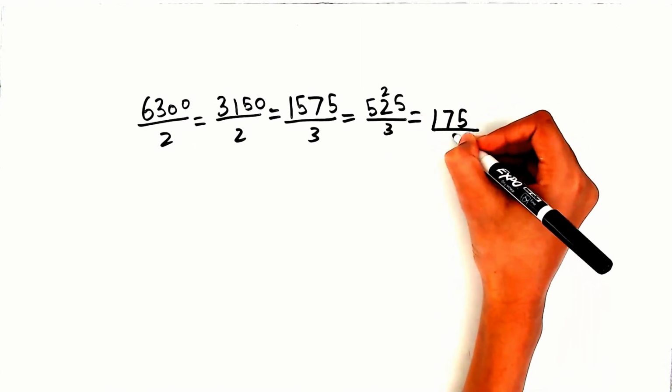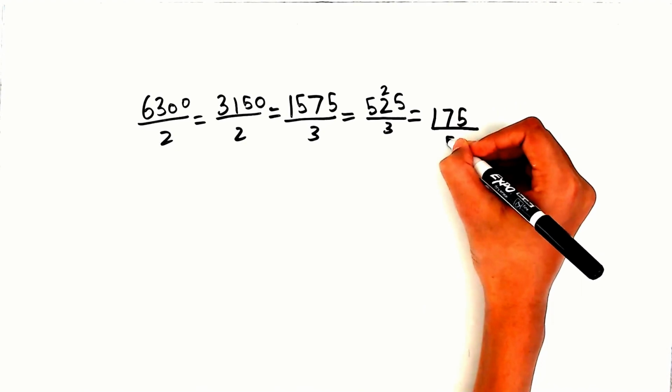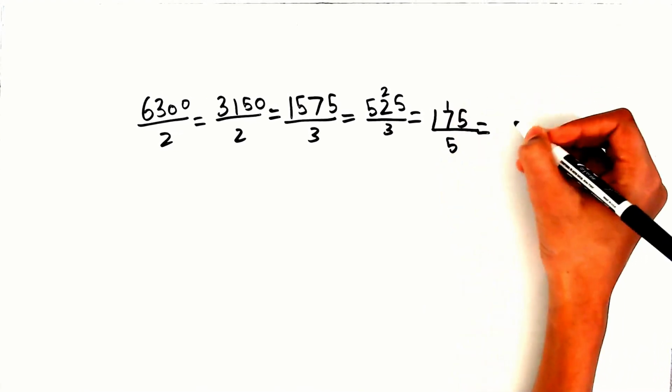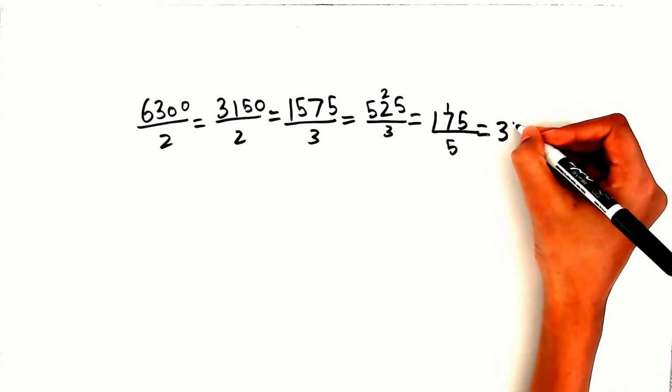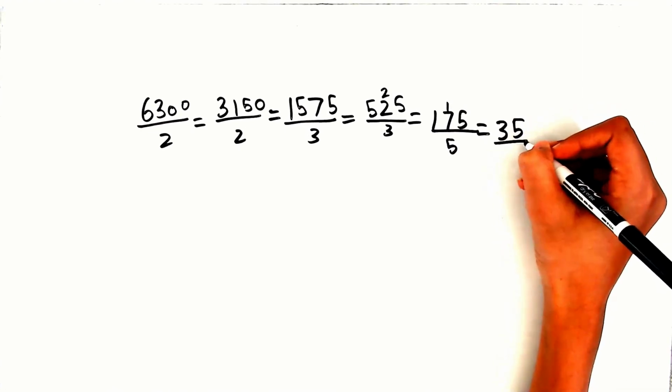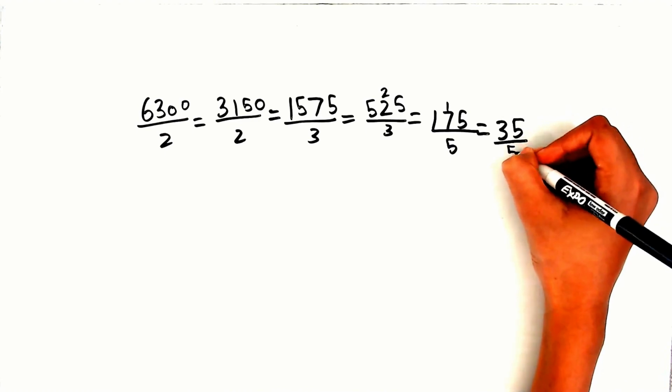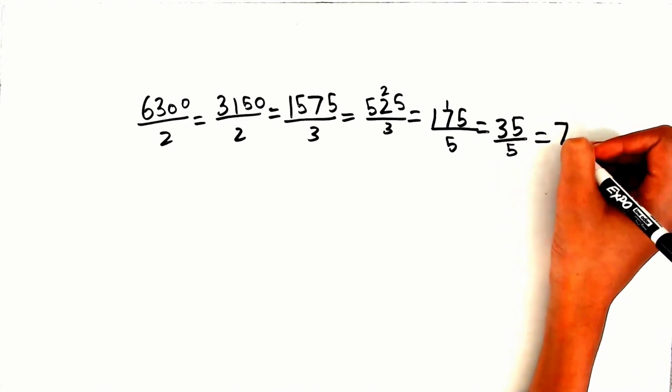175, divided by 5, which would equal 35, divided by 5, which would equal 7.